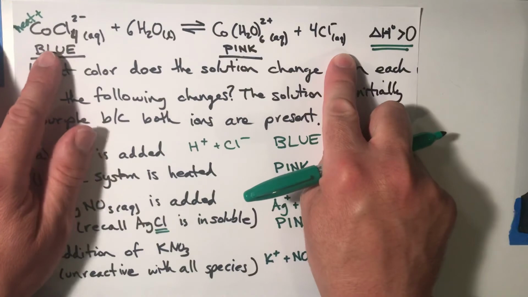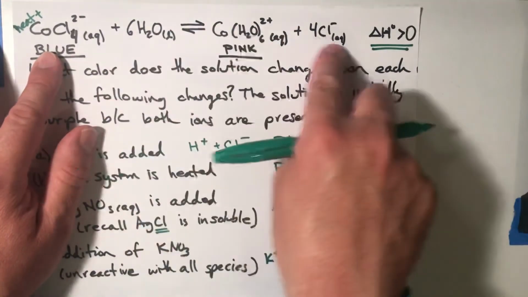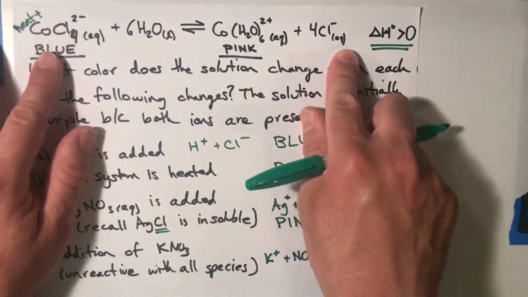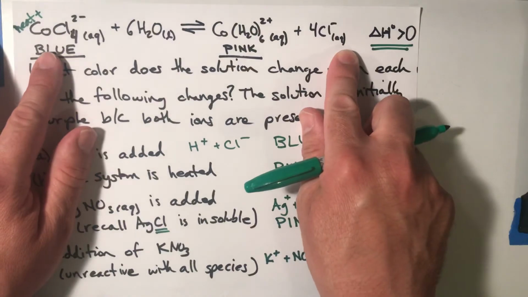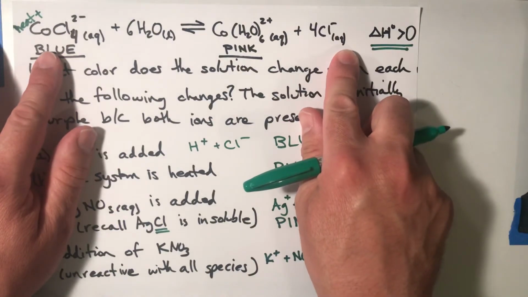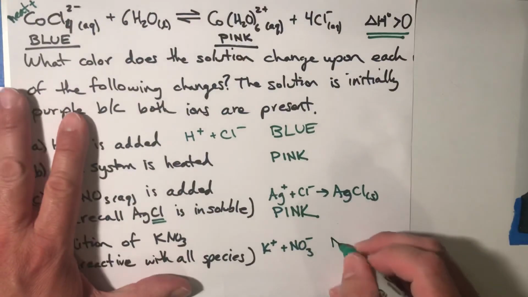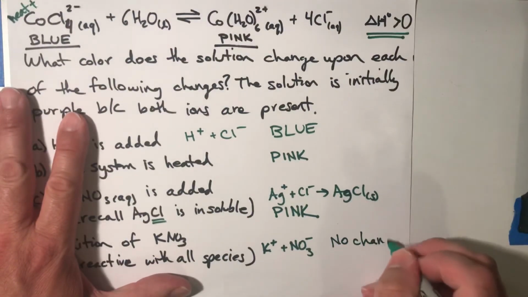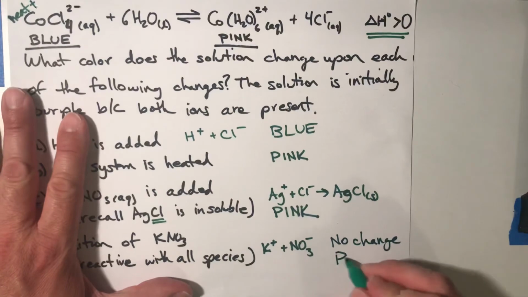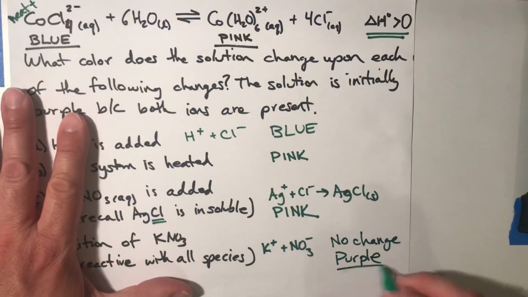So when we add things that don't react with any of the reactants or products, it's not going to have an effect on the Q value. In other words, there's no change, which means under these circumstances the reaction is going to remain its initial purple color.